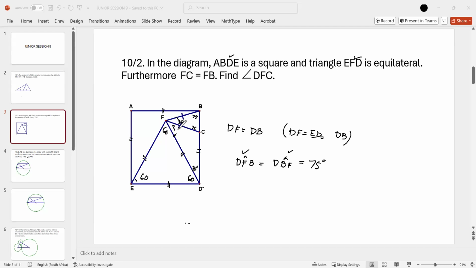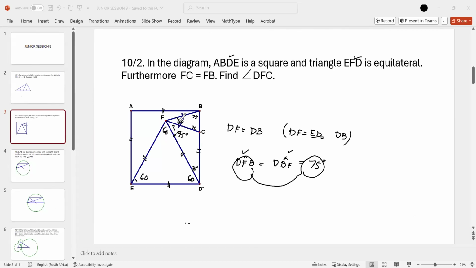And now we can get to our question mark, because what we didn't use is that angle DFB, this guy here, is 75 degrees. DFB is 75, and one piece of that is 30, so the other one must be 45.